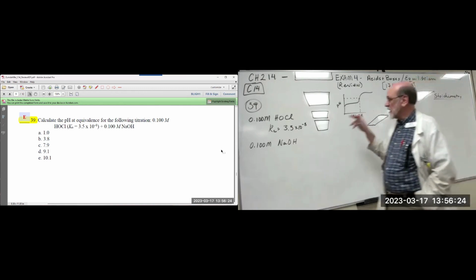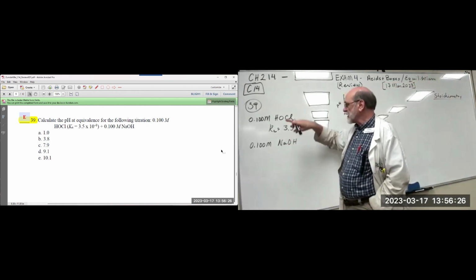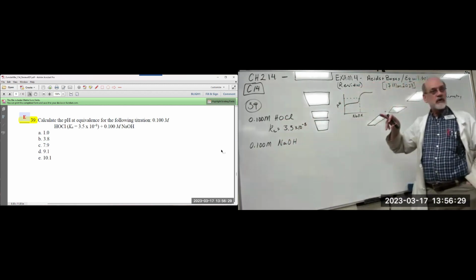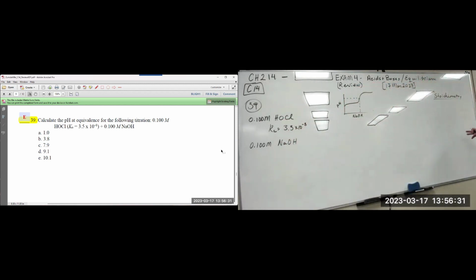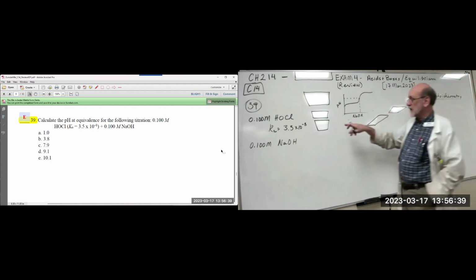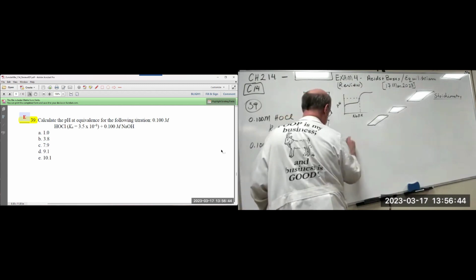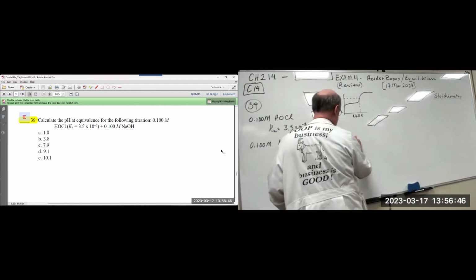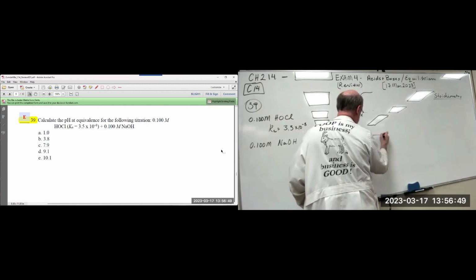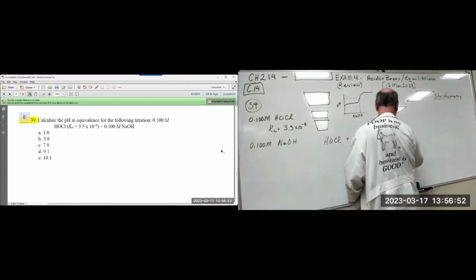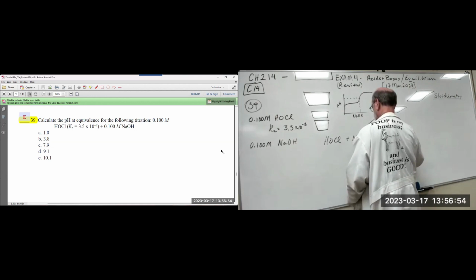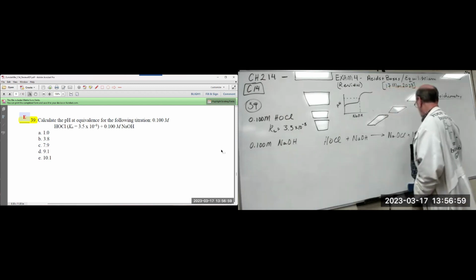Stoichiometry problem says we're going to react all of this with all of that and produce OCl. So what's the concentration of OCl minus going to be? It's going to be 0.1 molar. Right? Because if we take HOCl plus sodium hydroxide, that's going to yield sodium hypochlorite and water.